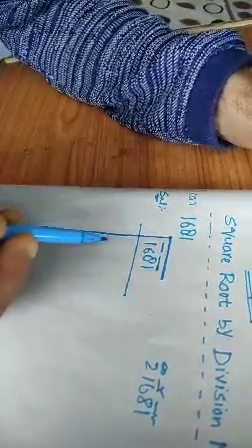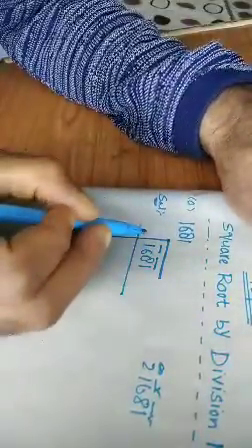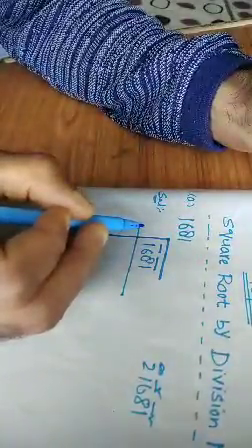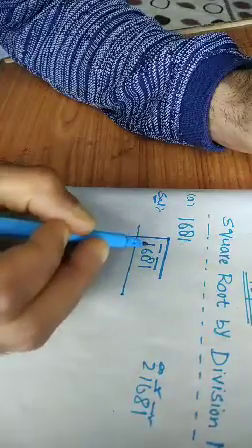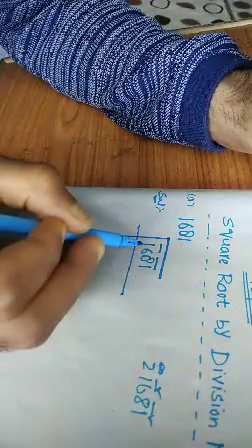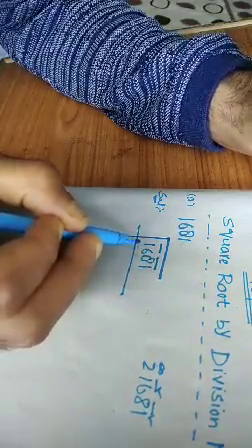Yes, dear students. If I would like to find the number whose square is equal to 16 or close to it, it would be like this.